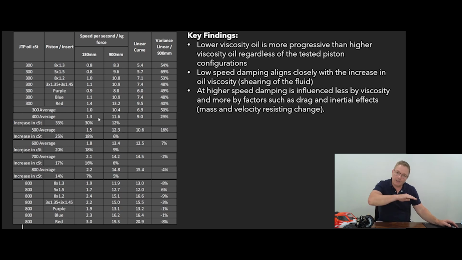Increasing the viscosity of the oil doesn't necessarily get linear on both curves. There are different factors at play at low speed, shearing, and at high speed, you've got your drag, inertial effects, as well as shear. There might be a lot more that I've missed, but it is different.